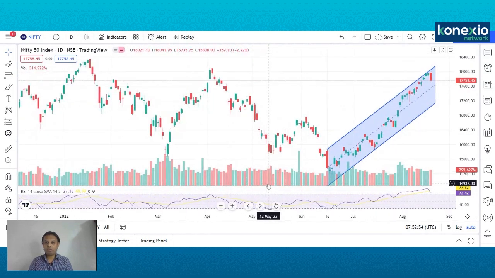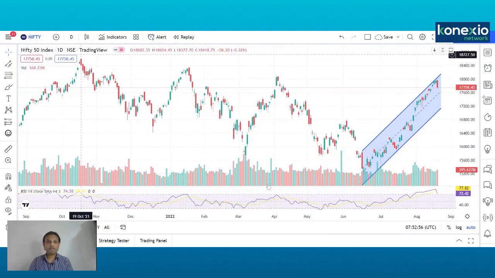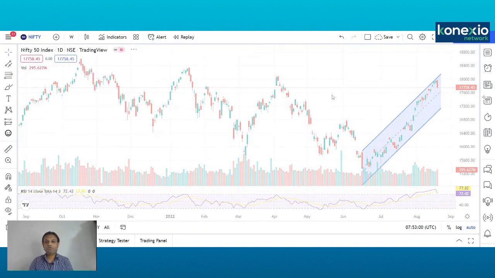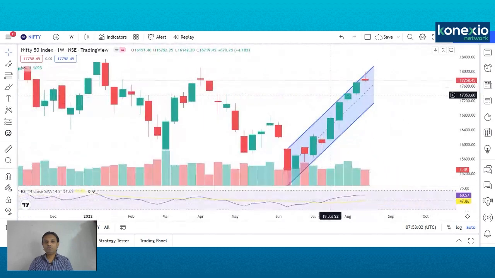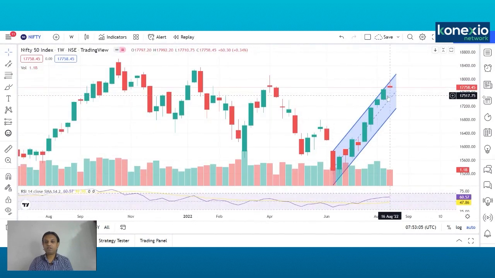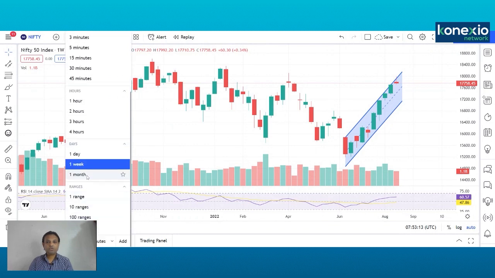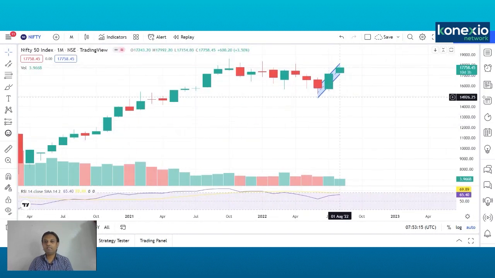Markets are in overbought territory, but if we go to the weekly charts, you will have a clear view that the weekly chart also tested this particular upward resistance trend line, and it has corrected. And if we go to the monthly charts, the monthly chart is getting stronger and stronger.